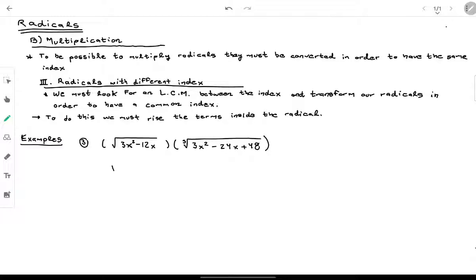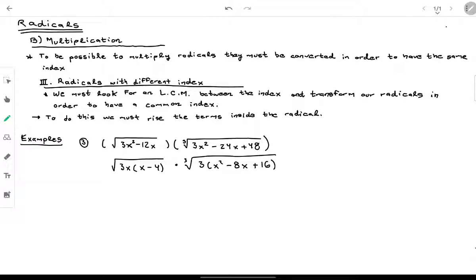First, we need to factorize or decompose the radical. So here we can take out a 3x, and it's going to be x minus 4. On the other one, of course, this one will multiply the cubic root of, first we can take out a 3, and it's going to be x squared minus 8x plus 16.